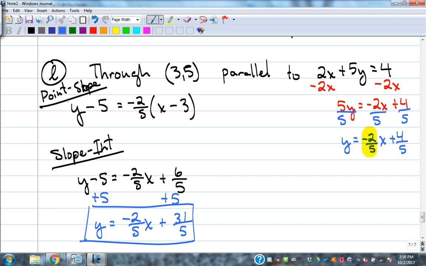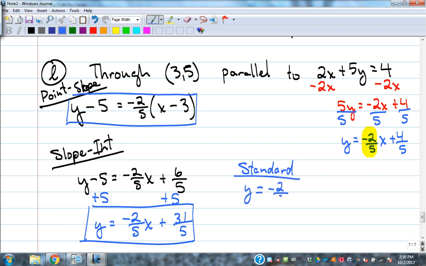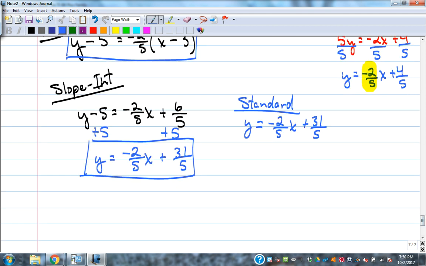So there's my slope-intercept form. There's my point-slope form. We're one more form away from having them all. So let's go ahead and do the standard form. How do you get that in standard form? Add 2/5 x, yeah.